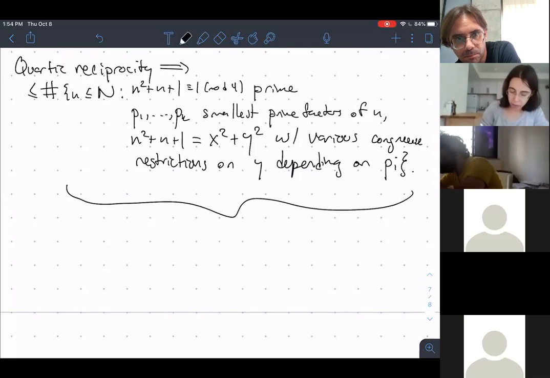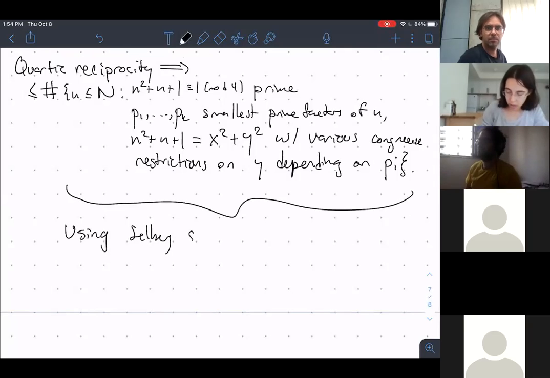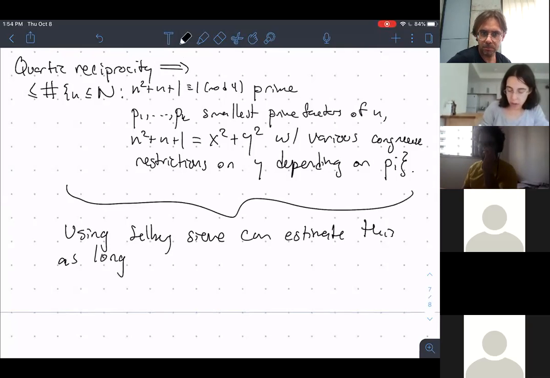Using the Selberg sieve, we can estimate this as long as we have another point count for a different hyperboloid than the one before.